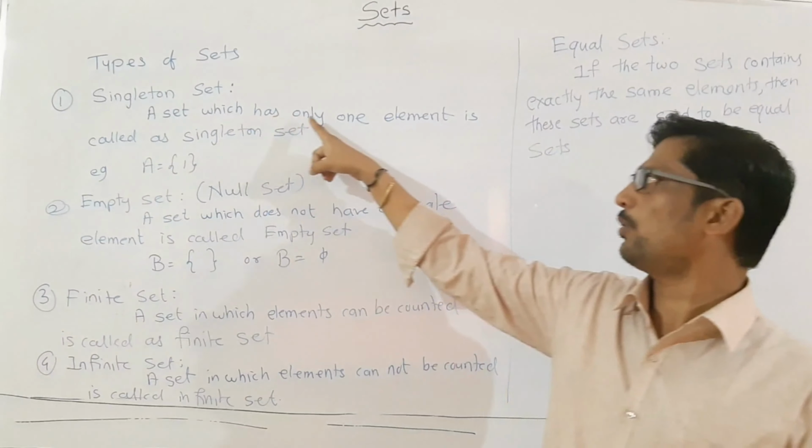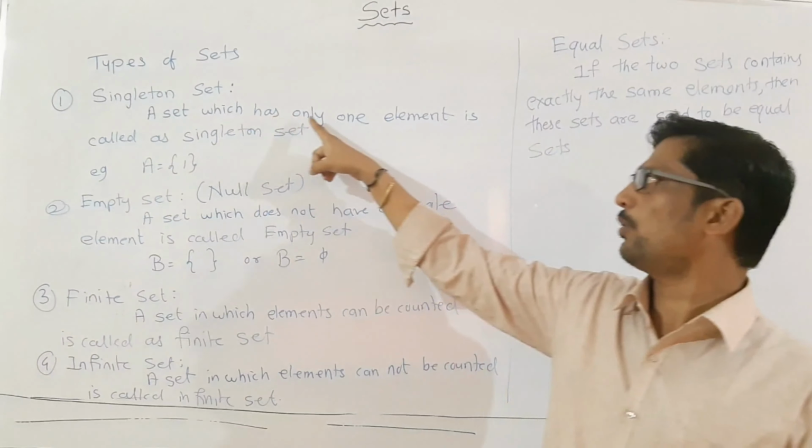Now let us move on to the next type of set, the finite set. A finite set means a set in which elements can be counted. This is a finite set, because only one element is there, so I can count the element.